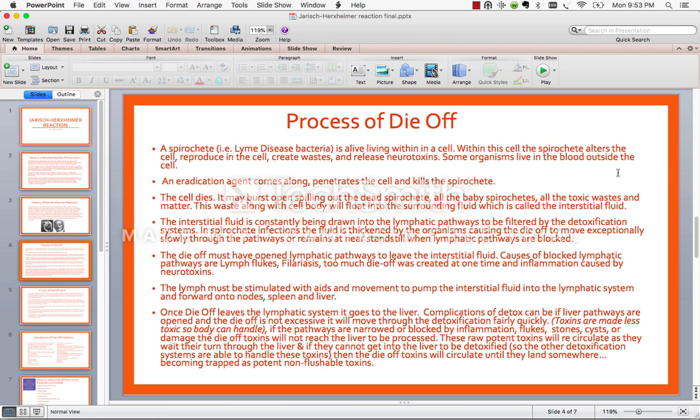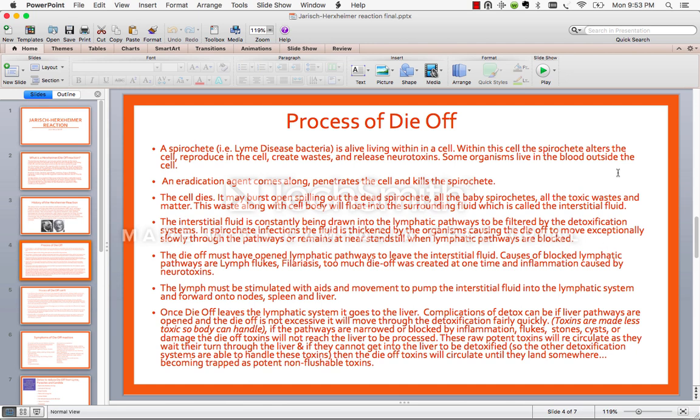This interstitial fluid is constantly being drawn into the lymphatic pathways to be filtered by the detoxification system. In a spirochetal infection, the fluid is thickened by the organisms, causing the die-off to move exceptionally slowly through those pathways, so that the toxic matter remains in the body or in the lymphatic pathways for a longer period of time because it's stagnant and it becomes blocked.